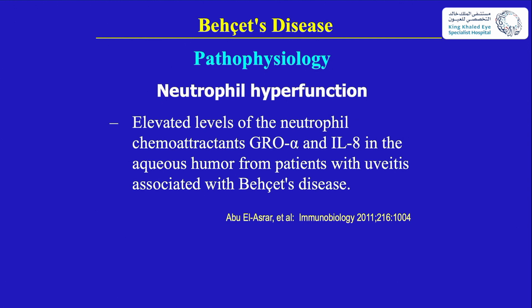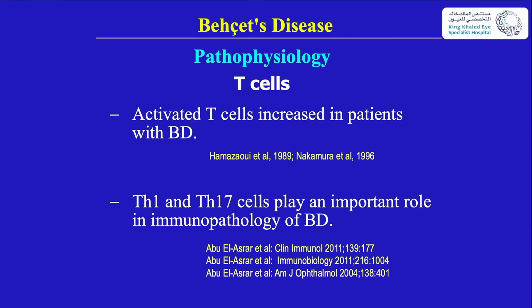And this is very important information that we should know, because this neutrophil hyperfunction is the one that causes endothelial cell injury in the systemic circulation and also in the eye. And these patients have higher levels of T helper 1 chemoattractants, indicating that T helper 1 cells are involved.